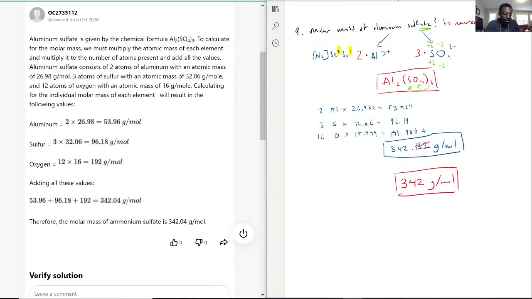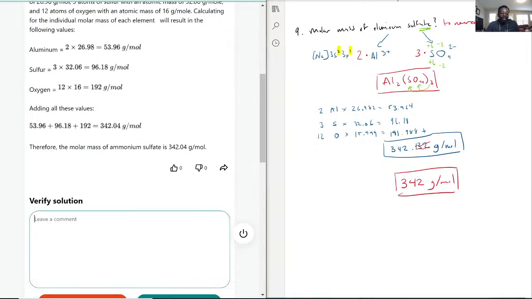I mean, they are close, but when I add 53.96 plus 96.18 plus 192, it's 342.14. Okay, so it should be 342.14. I only saw it as weird because the only number that was different was my oxygen, and it was actually a lesser value. So I don't see how they could have gotten a lesser value than I. That's why I'm just double checking.